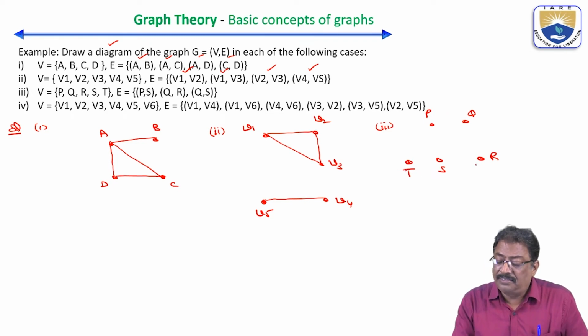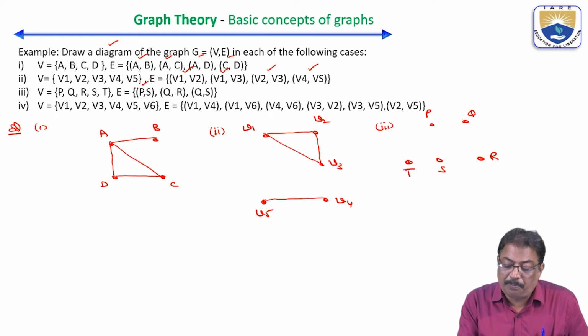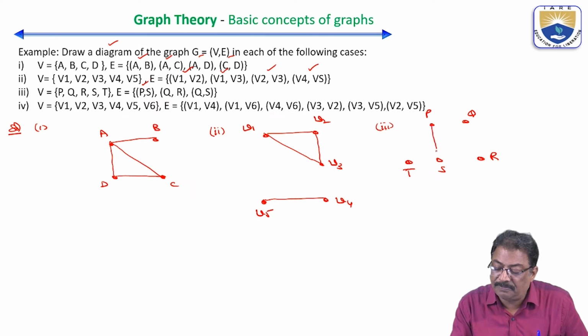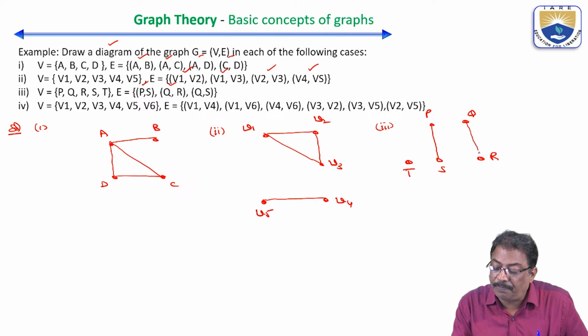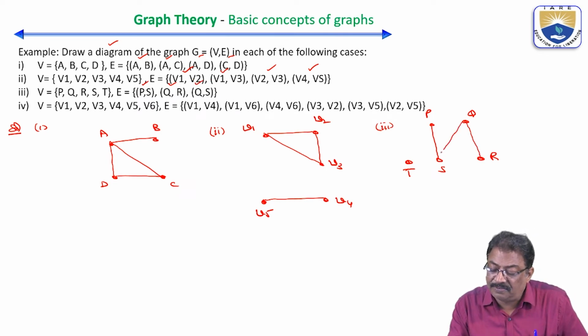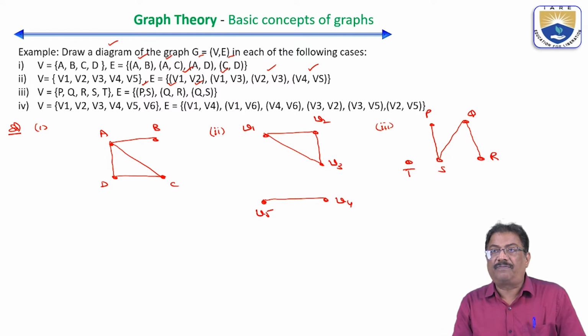So there are 6 vertices. Now P to S, then Q to R, then Q to S. This is the third graph.